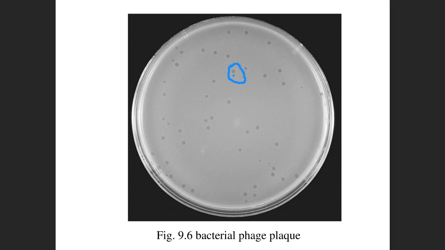And it keeps going on and on until the bacteria stop making the receptor and the phage plaque stops getting bigger. All right. And so each plaque here, these white spots or transparent spots, represents one phage.